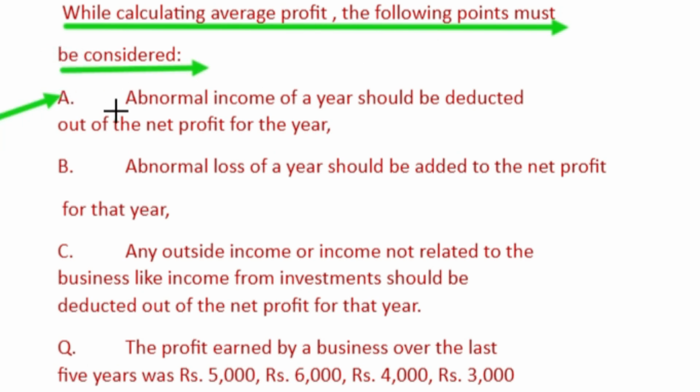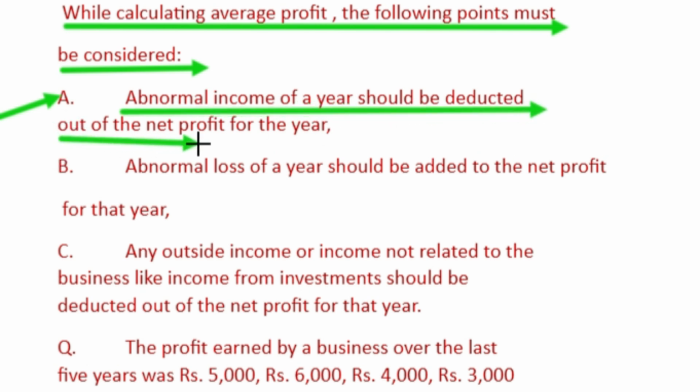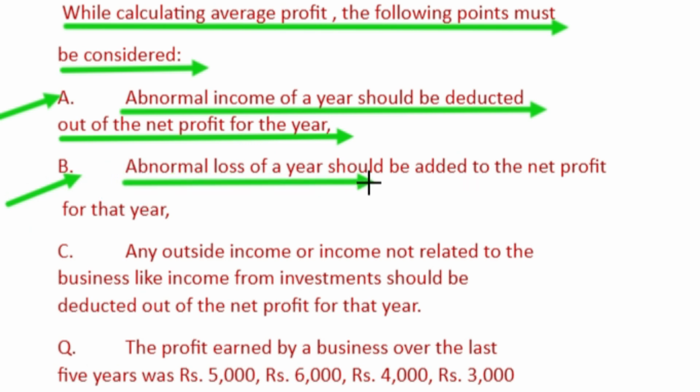Number one, abnormal income of a year should be deducted out of the net profit for the year. If abnormal income is included, then it should be deducted, and similarly abnormal loss of a year should be added to the net profit for that year.